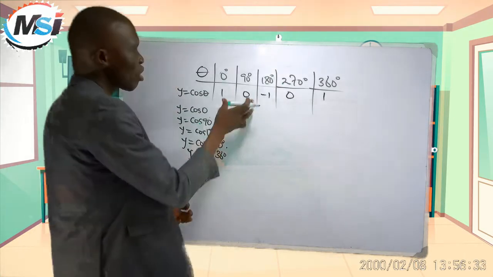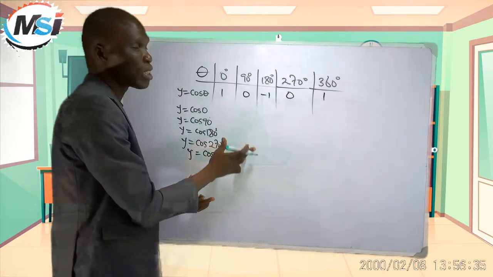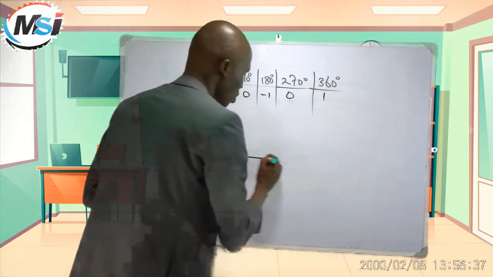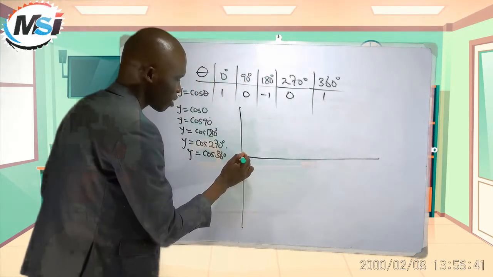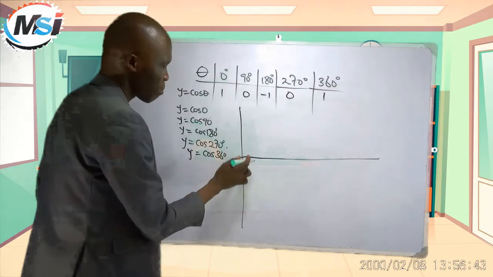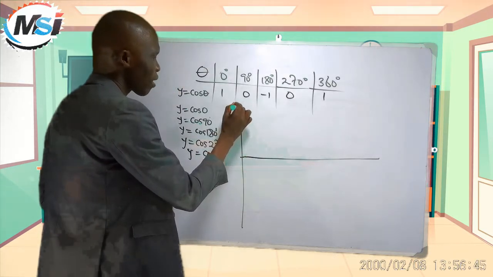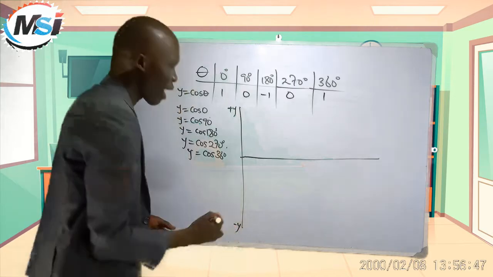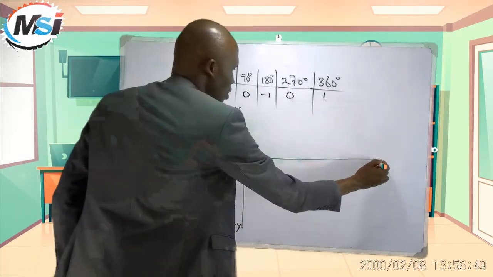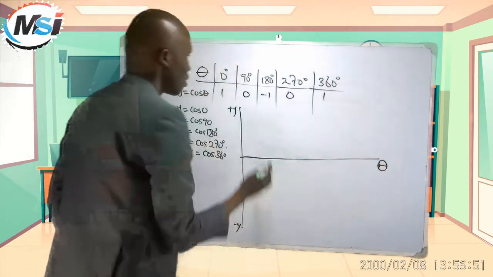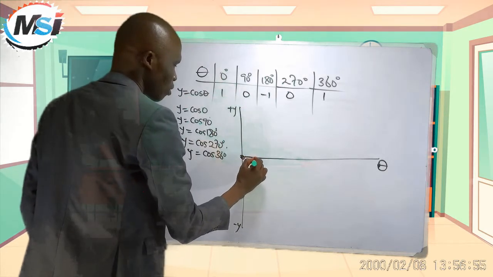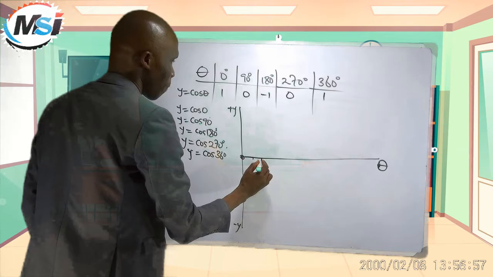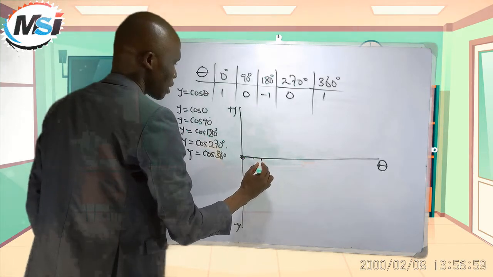Now to draw the graph of this cos theta, you just draw just like what we did the other time. And remember, this is your plus y and this is your minus y. Now this is your theta. Then you pick from 0. This is 0. This is 90 degrees.